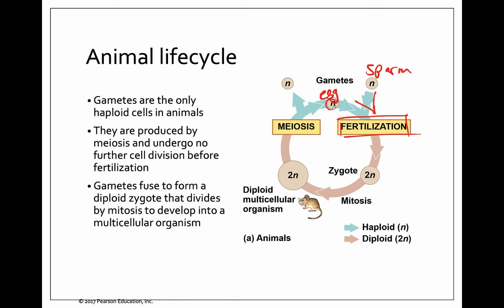You can look at the size of this to see how many cells there are. A really small cell is going to be unicellular, right, so a sperm is one cell, an egg is one cell. And then a larger cell here is going to be multicellular. So we have a multicellular diploid phase, which is our adult body. And then eventually we go through meiosis to create more eggs or sperm.